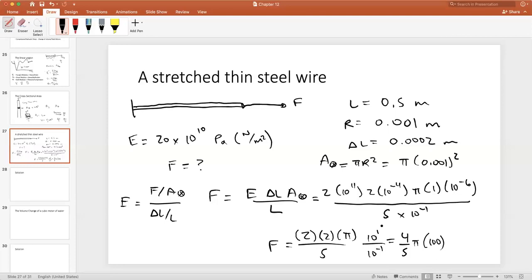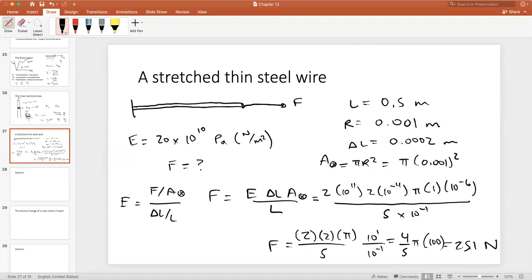The minus 1 on the bottom becomes a positive 1 at the top. 10 squared is 100, and that answer is 251 newtons or so. Okay, so 251 newtons of force is required.